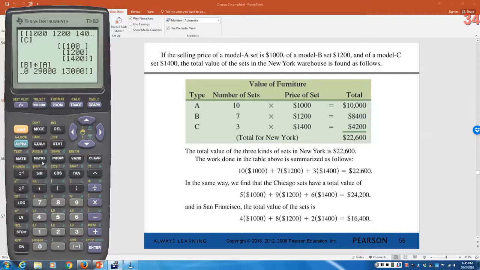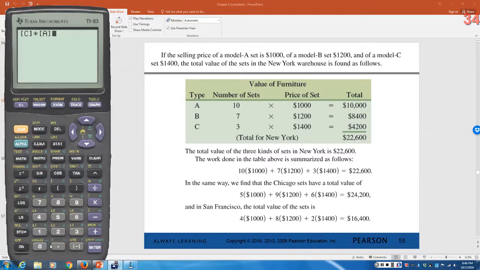Okay, let's try multiplying matrix C times A. It tells us there's a dimension mismatch. Oops. And if I tell it to go to, it just goes back to its system.